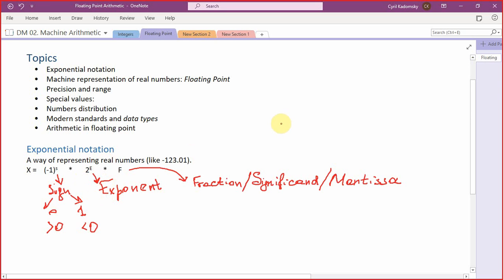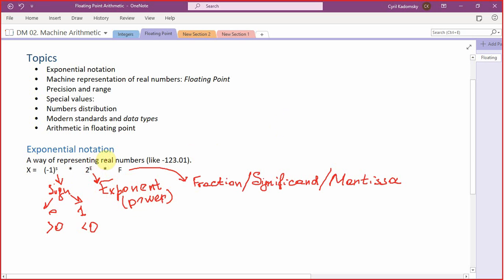You are encouraged to ask. Okay. So the next part, the exponent. Well, exponent is just a power, a different fancy word for the power. Actually, what we have here is 2 power e, nothing more.